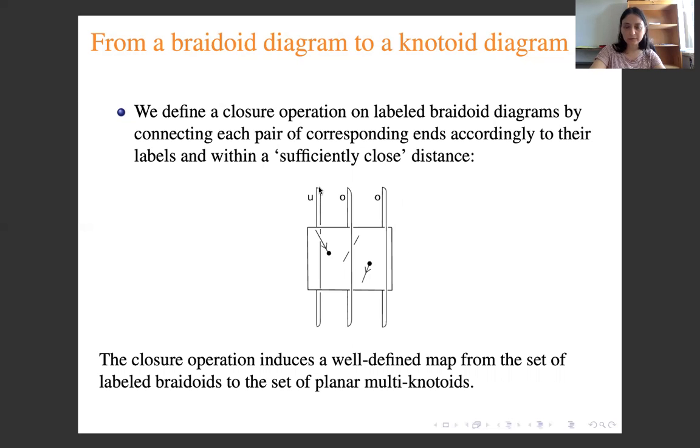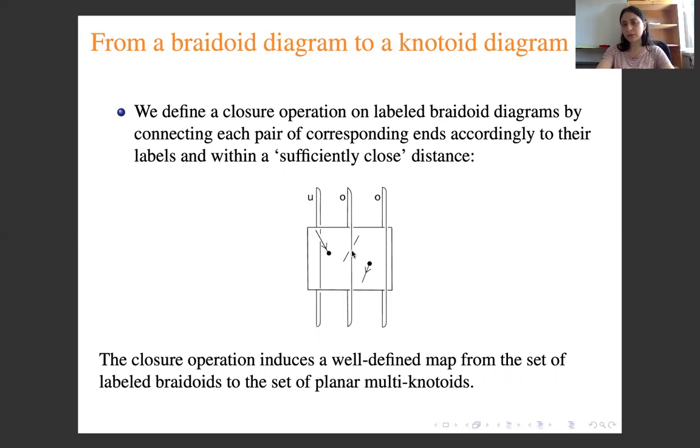And we close it with the rule that if the corresponding ends are labeled with U, we use an underpassing strand to connect these two ends here. And we want the connection arc to remain sufficiently close to the vertical line passing through the corresponding ends. So here, the corresponding ends are labeled with O, and we use the connection arc lying sufficiently close to the vertical line determined by the corresponding ends here, and it goes over everything that it meets during the connection.